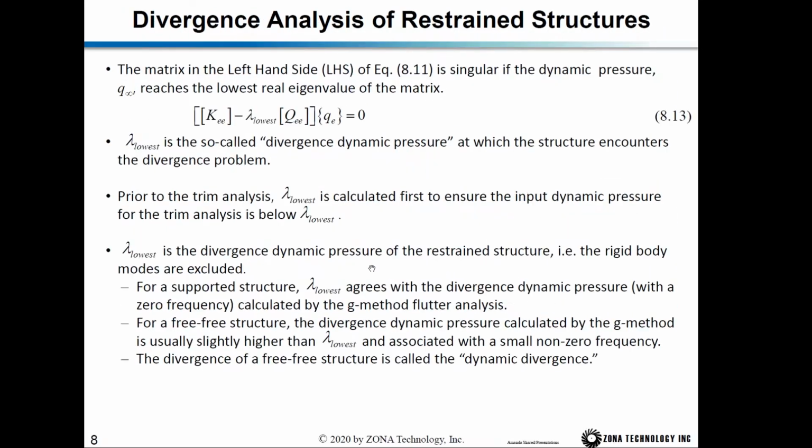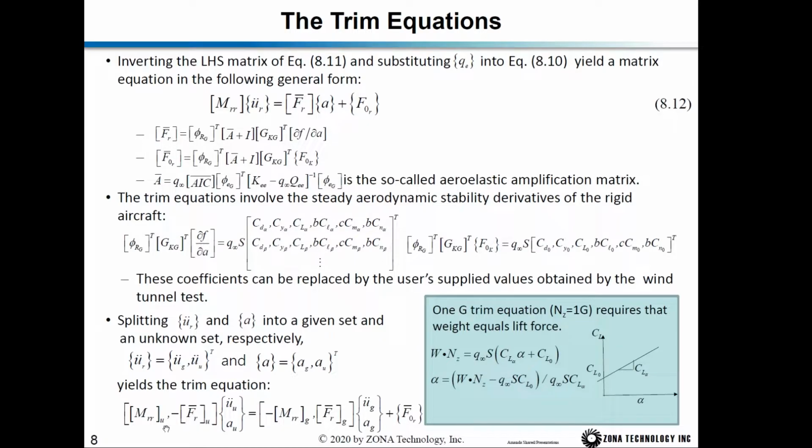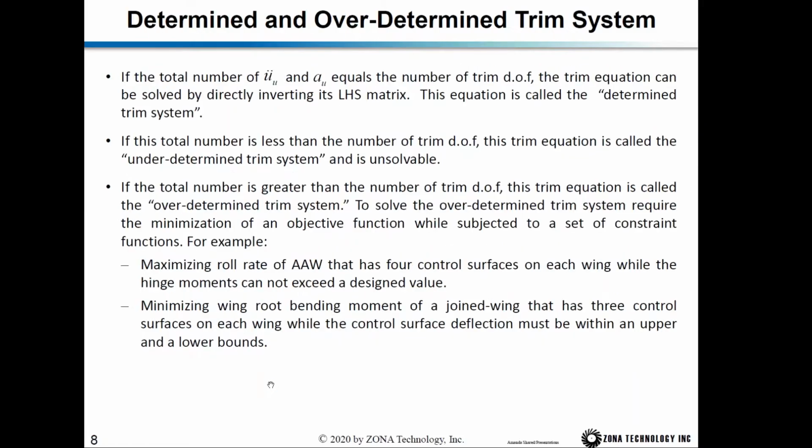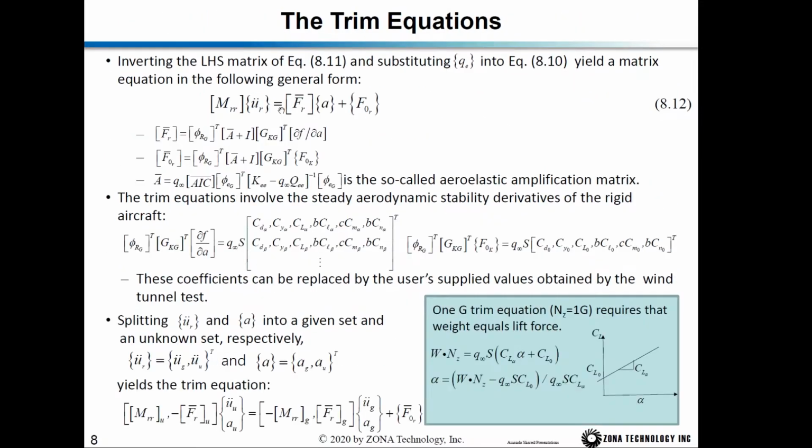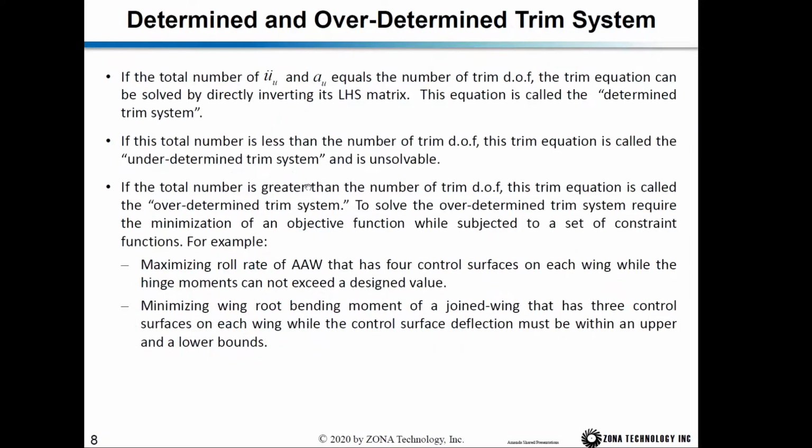And also, in what kind of condition does this matrix become a square matrix, so we can invert that? If the total number of unknown degrees of freedom and unknown trim variables equals the number of trim equations, then this matrix becomes a square matrix, and we can directly invert this matrix, and this is called a determined trim system.